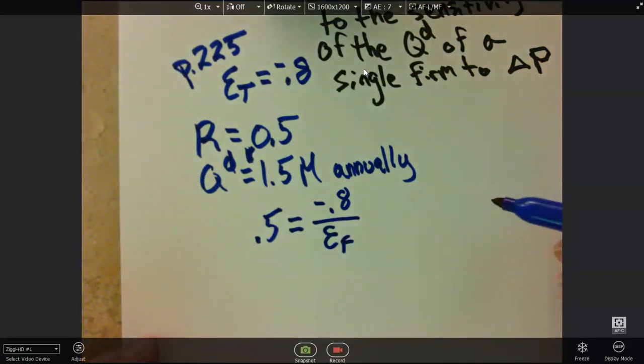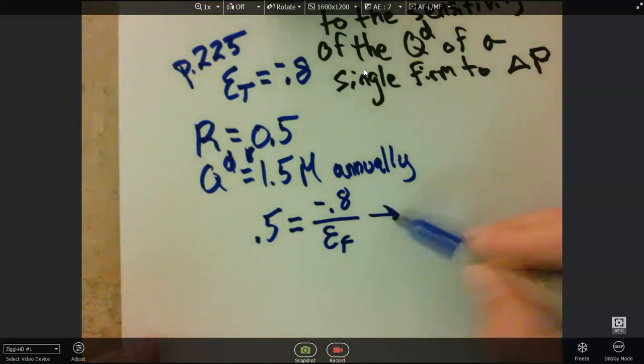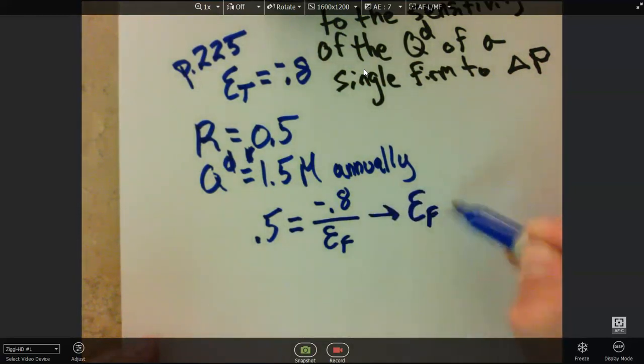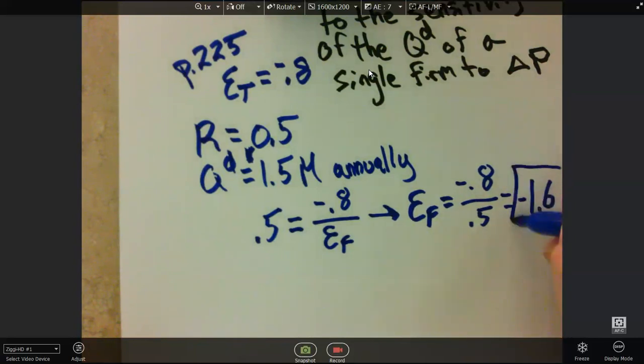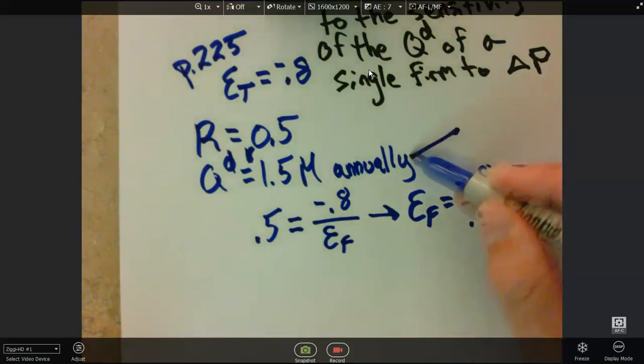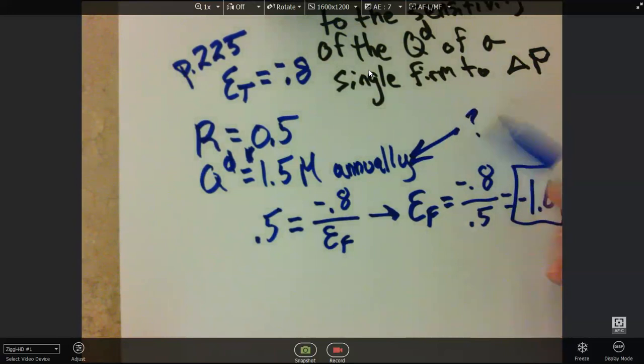So, therefore, elasticity of the firm is equal to negative 0.8 over 0.5, or negative 1.6. And that's the end of the question. This is just extra information they gave us.